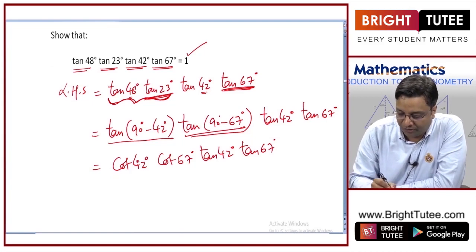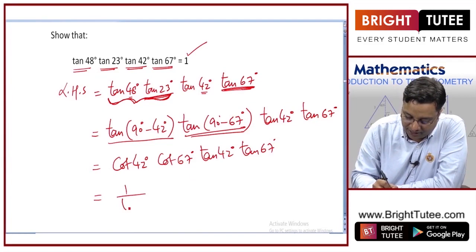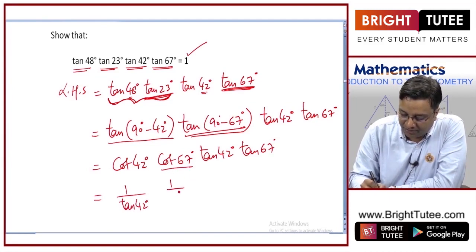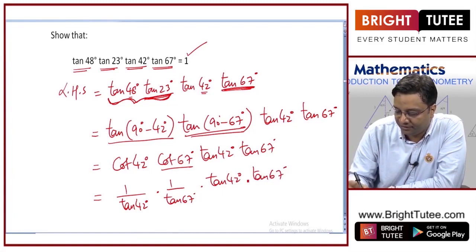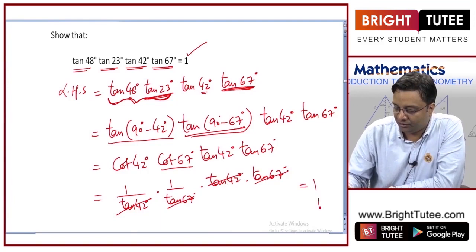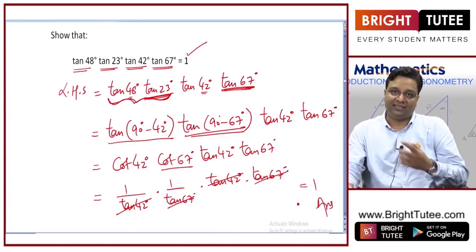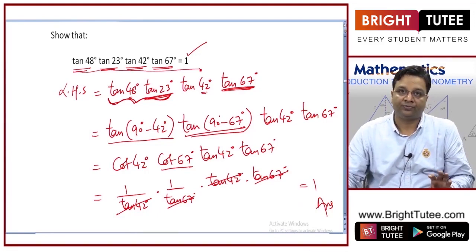Now you know that cot 42 can be cancelled with tan 42. Otherwise you can write it as 1 by tan 42. You can write it as 1 by tan 67, tan 42, tan 67. Now you can cancel these. Hence it is equal to 1, which is the right hand side. So we have shown that this relationship is true. Okay.